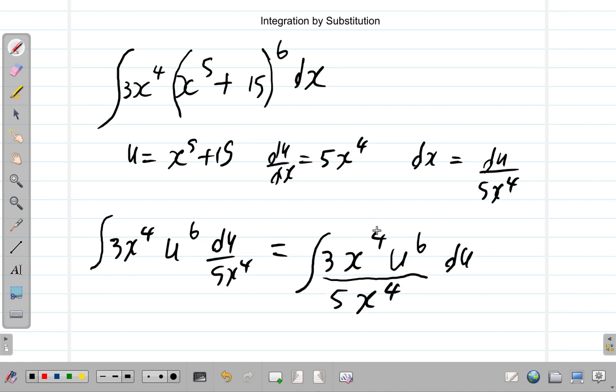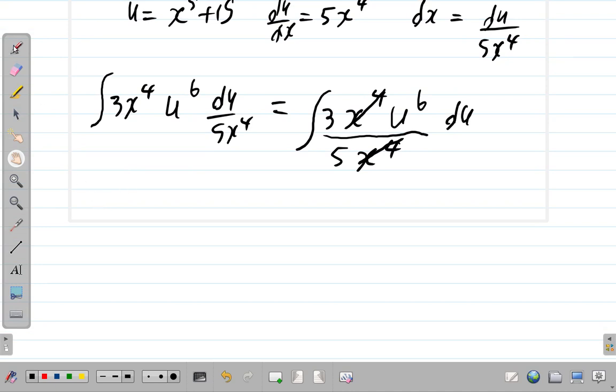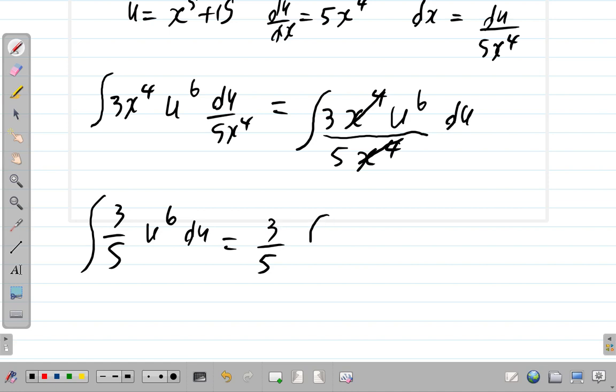This is what happened now. X to the 4th cancels x to the 4th. There it is. So what we have is the integral of 3/5 u to the 6th du. Same thing as 3/5 outside the integral sign, 3/5 integral of u to the 6th du.